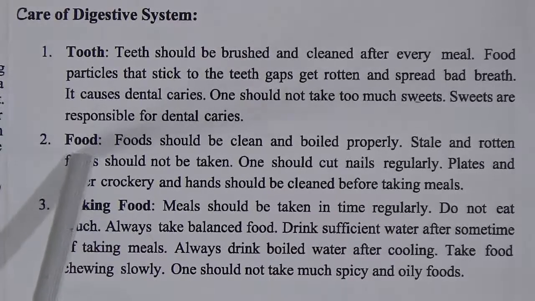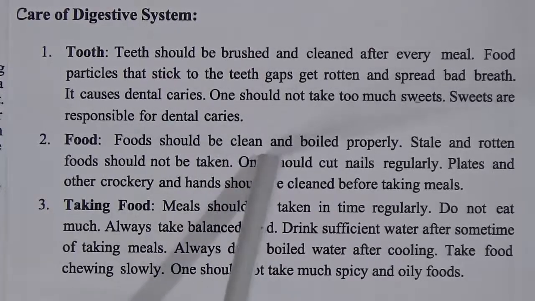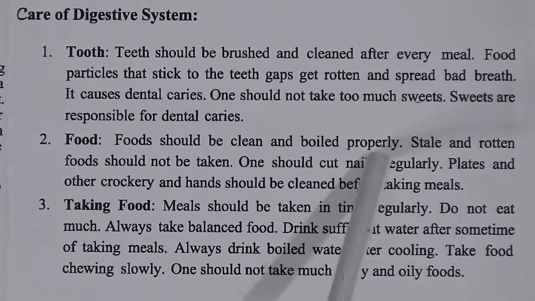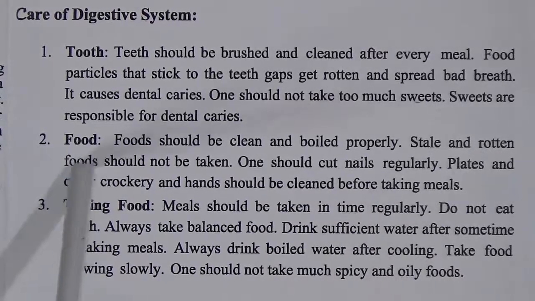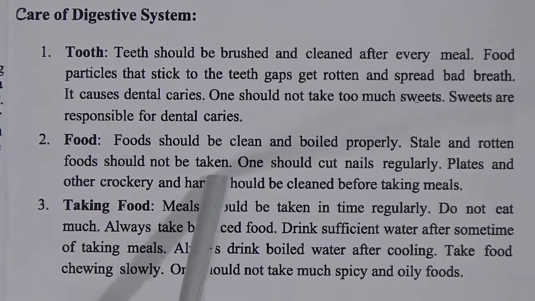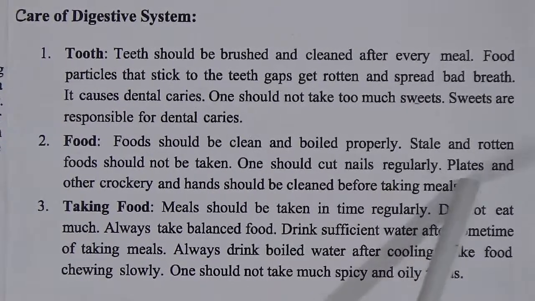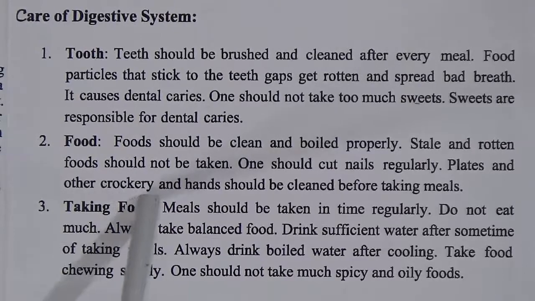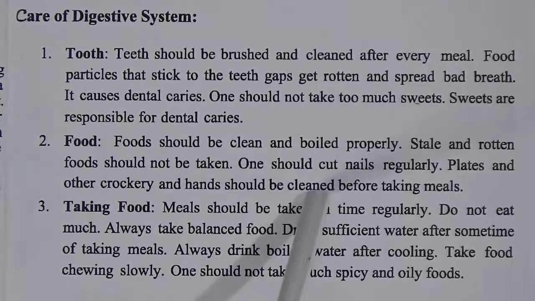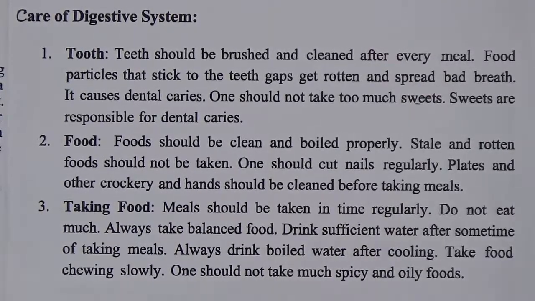Number 2 is food. Food should be clean and boiled properly. Stale and rotten foods should not be taken. One should cut nails regularly. Plates and other crockery and hands should be clean before taking meals.